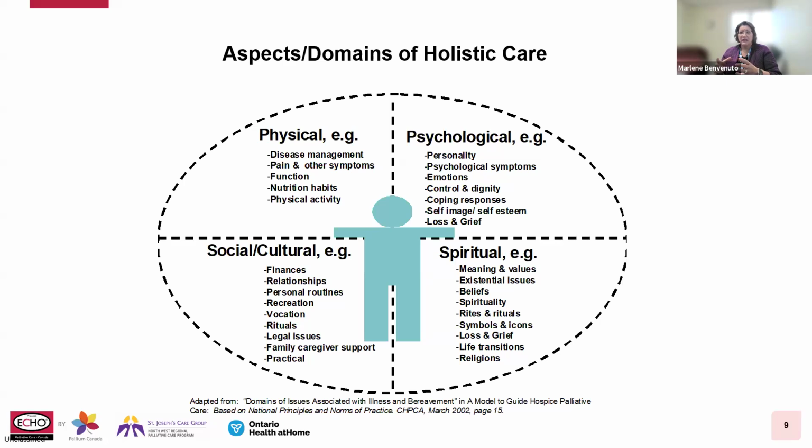their beliefs, their meanings and values. Once again, their life transitions or their loss and grief, maybe losing their meaning of why me, why this, how come it's happening, right? And how that impacts somebody questioning their spirituality. And then even looking further into their social cultural aspect of their world, how that physical, say, disease may impact them socially.